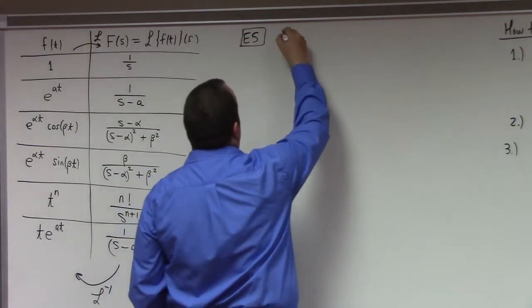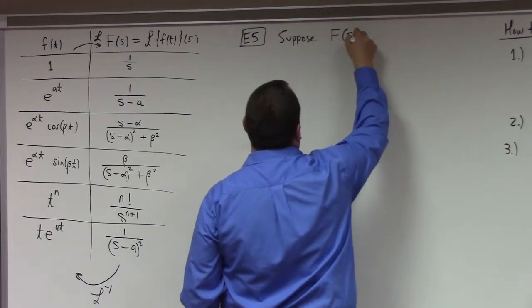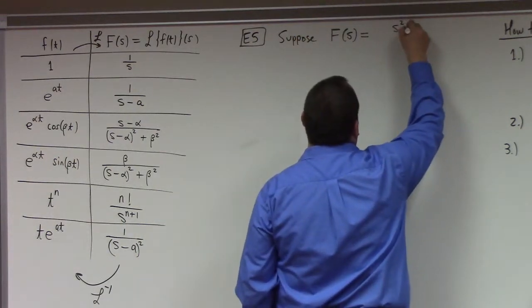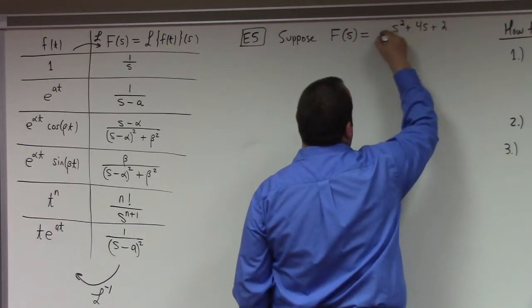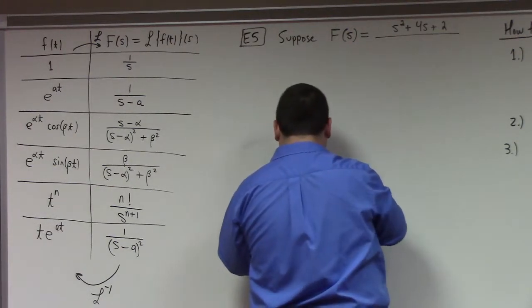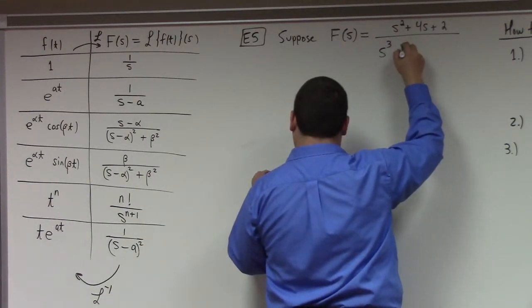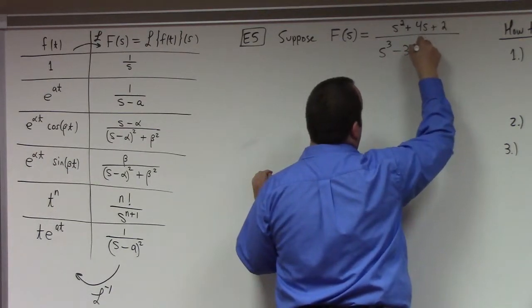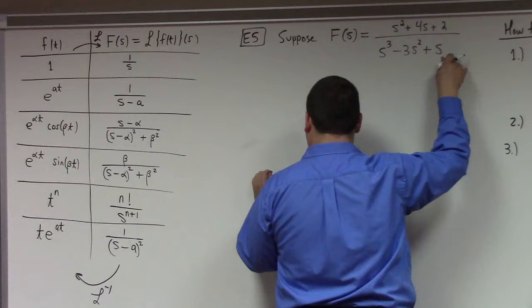We could suppose f of s is equal to, let's say, s squared plus 4s plus 2 divided by s cubed minus 3s squared plus s minus 3.